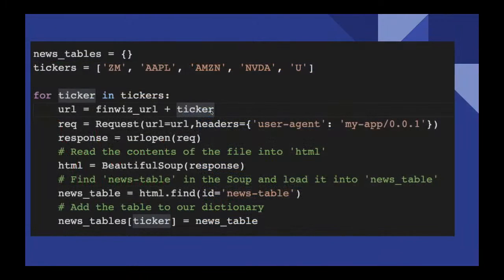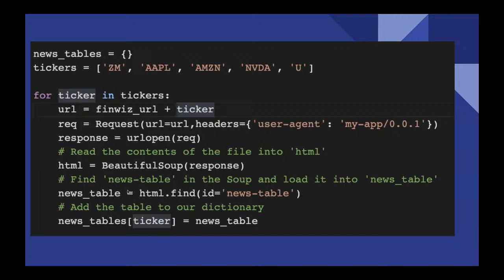For example, I pick some ticker codes like Zoom, Apple, Amazon, Nvidia, and Unity, and then I use a for loop and put the URL together with each ticker code. From there I use Beautiful Soup, which is used for scraping. I go to that website to scrape and get the content, the title of the news.